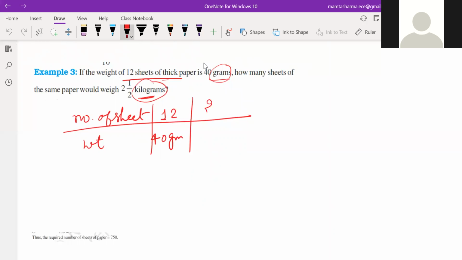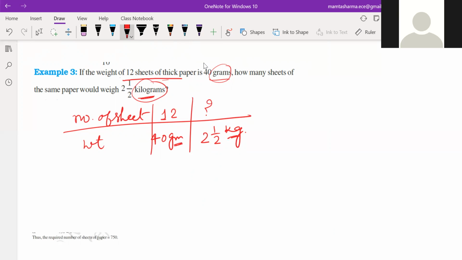You have to find out the number of sheets for the weight 2 1/2 kg. Now you can't equate their ratio directly because here the units are different. So either convert gram into kilogram or kilogram into gram.